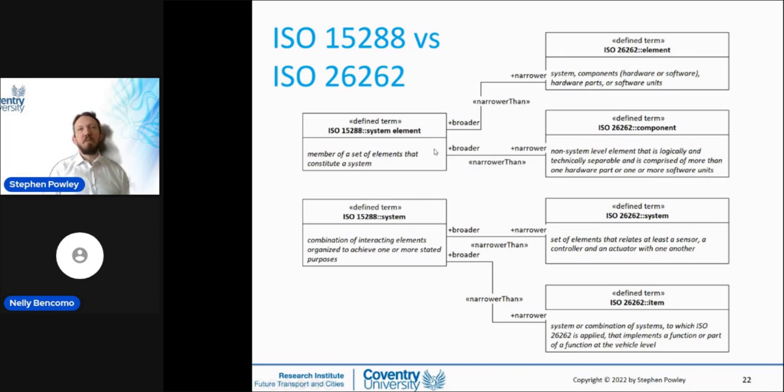And what this tells us is that people in the same business talking about approximately the same thing may be talking about something very different. So this would be a red flag, for example, that system is narrower than system. And that would then hopefully lead to conversations within the business and within the processes, and the way that you interact between the systems engineering team and the safety team, for example.